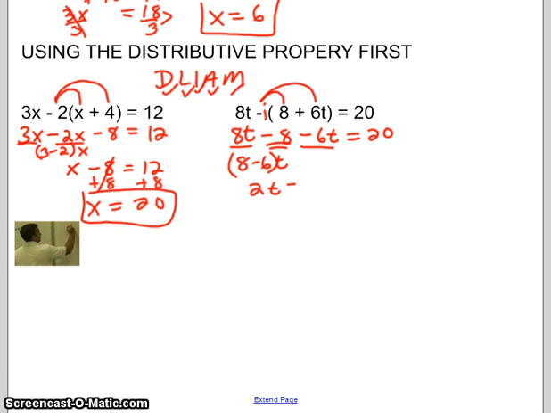We have this negative 8 here. Okay. Now we're going to go on to inverse operations, which we don't have any. We have addition, subtraction. Yeah, we have subtraction. So we're going to add to both sides. We're left with 2t equals 28. Now multiplication or division, well, we have multiplication, 2 times t. So we're going to divide by 2 to cancel it out, and we get t equals 14.